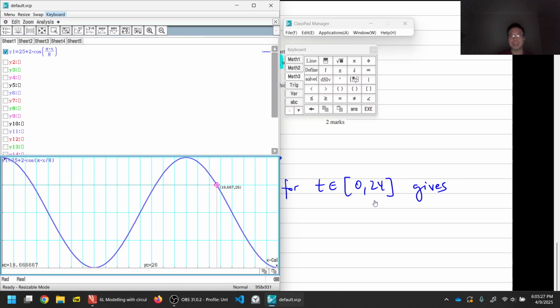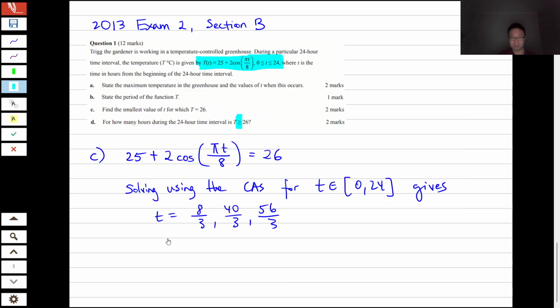Okay, so based on our work, the time that the temperature is greater than or equal to 26 is 8 on 3 minus 0.